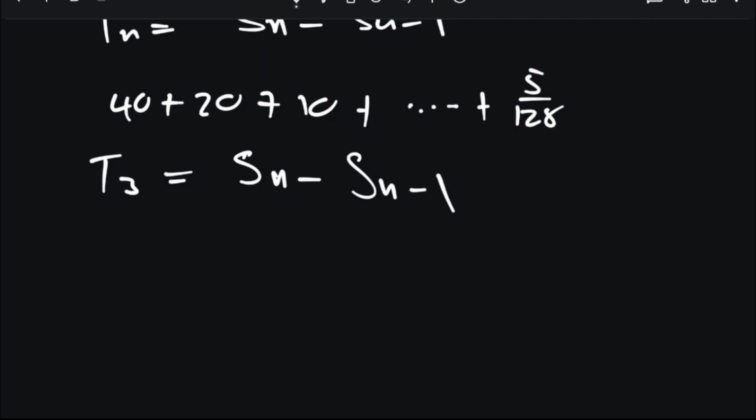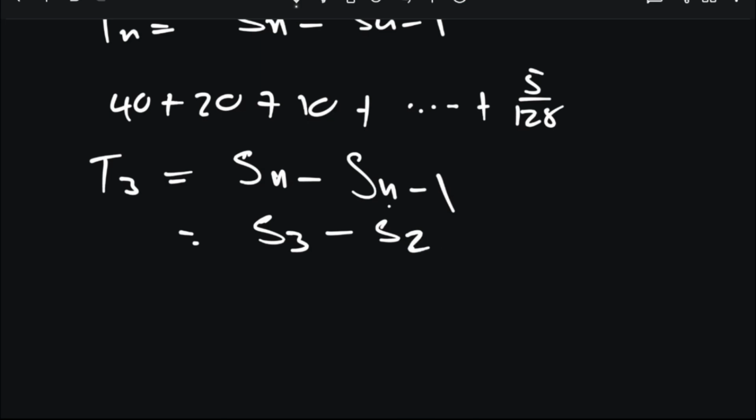So what will be our Sn in this case, because we are looking for T3? So our Sn will be S3 minus, what is Sn minus 1? That is, n is equal to 3, so our Sn minus 1 will be 3 minus 1, which is 2.